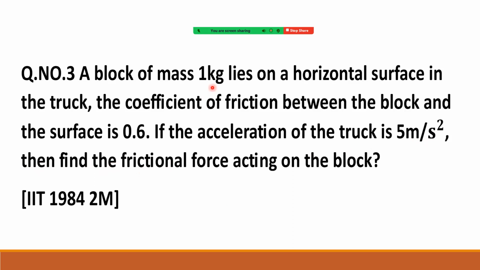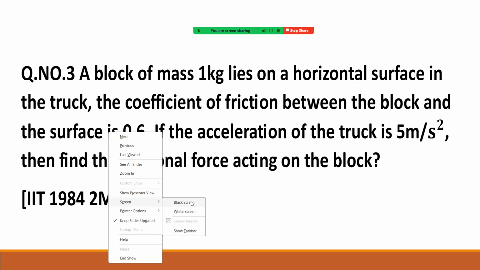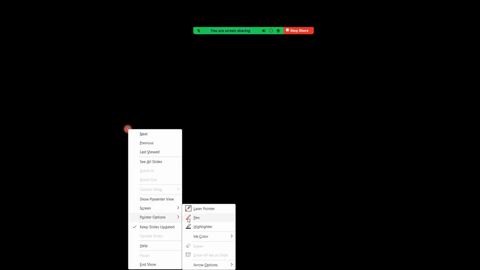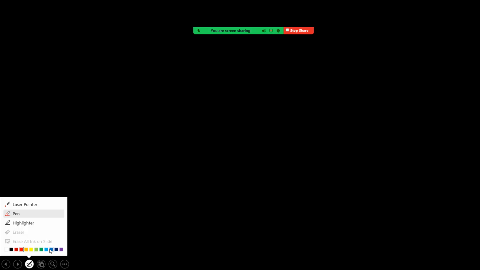So given mass is 1 kg and coefficient of friction 0.6, acceleration is 5, right? So you can try once if you want, then you can see the solution.